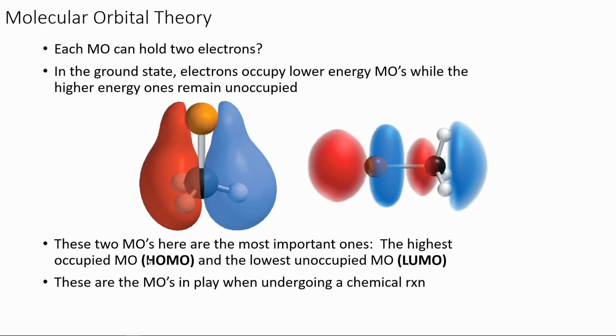This is going to be the molecular orbital of the highest energy that currently has electrons in it, and the lowest unoccupied molecular orbital, or the LUMO, which is the lowest energy molecular orbital that has no electrons in it. These 2 molecular orbitals are going to be interacting with each other when we go to make bonds.